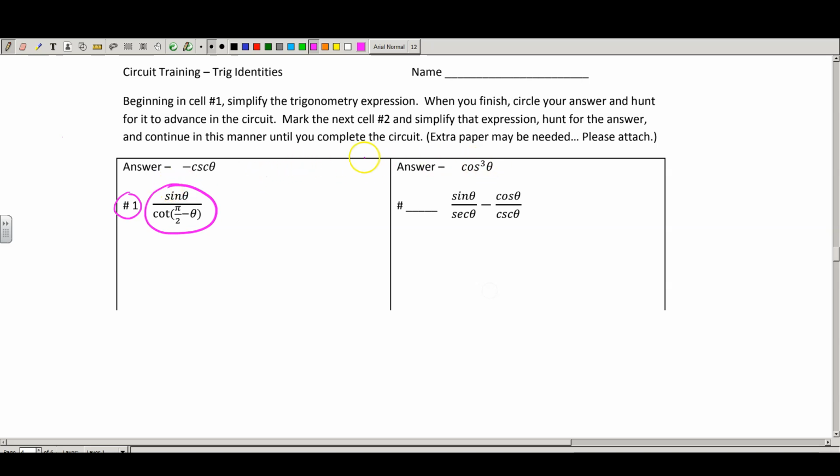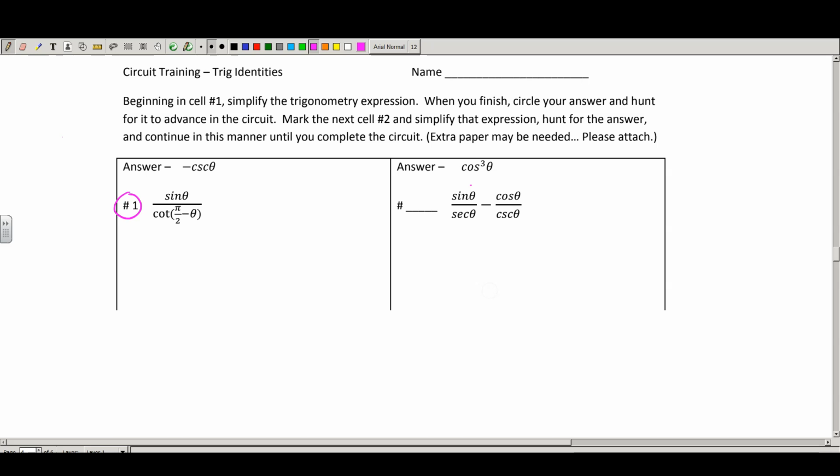And the answers, you can see that there are answers around the worksheet, in different places. You're going to simplify it and try to get it equal to one of the other answers on the worksheet. So you simplify it, you get an answer, and then you search to see if you can find that result on your page.